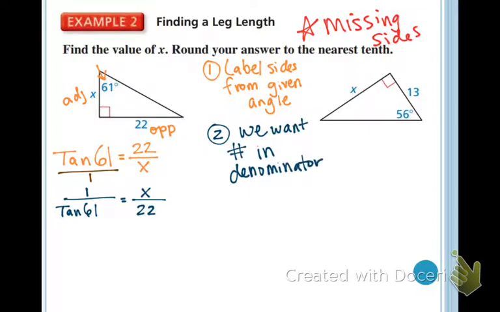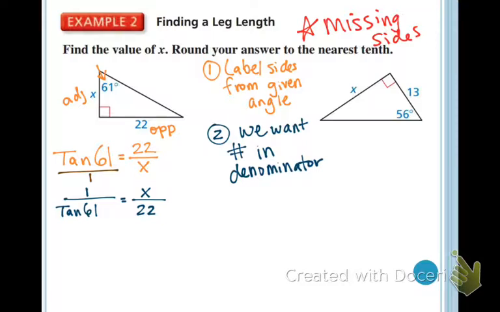So here we kind of had to manipulate it to make it in the bottom. Is everyone okay with what we just did? Okay. If you're in Algebra 2, this is actually called cotangent. It's another trig function. You'll talk about it. Anyways, so we're solving for x.